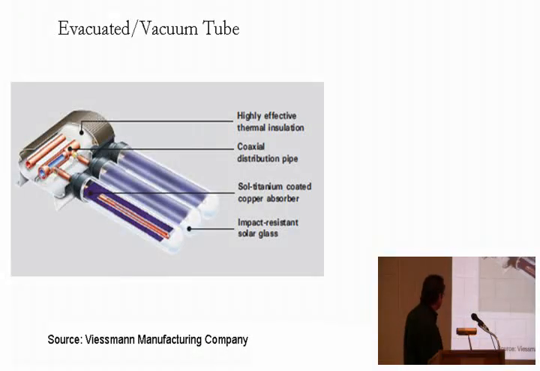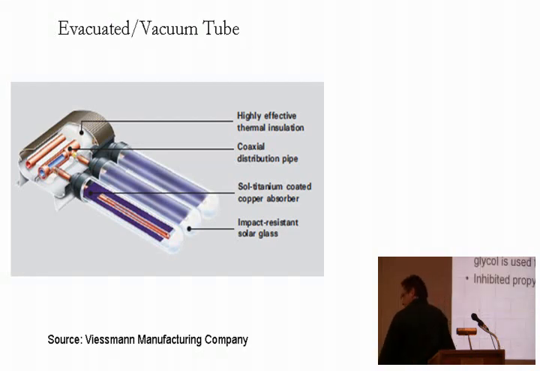So this is a cutaway of the evacuated tube, where you have this glass tube. Basically it's like a mini collector or absorber plate inside of each tube. You have two header pipes up here encased with insulation. Next slide, please.